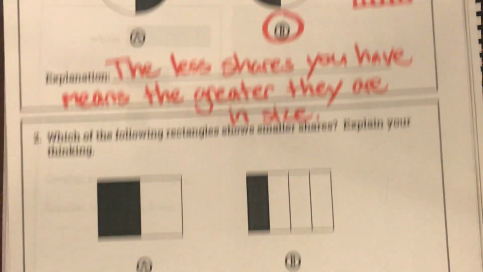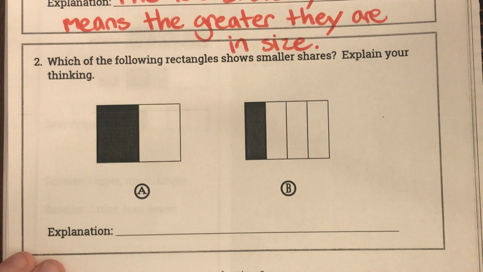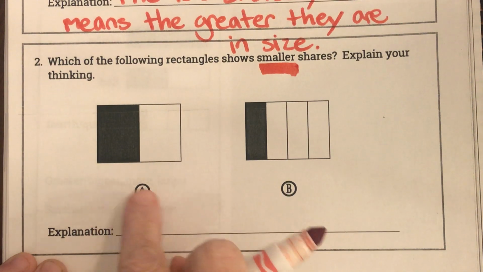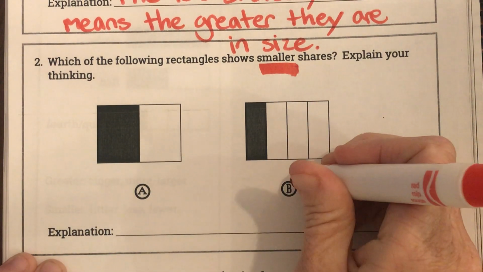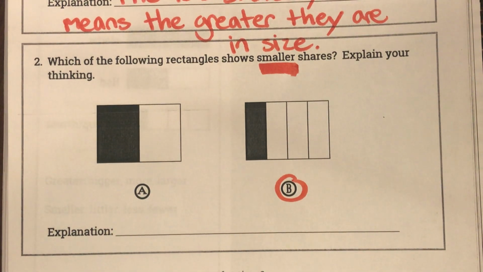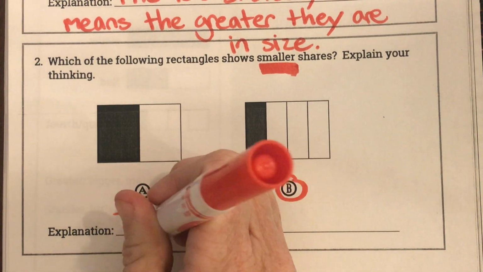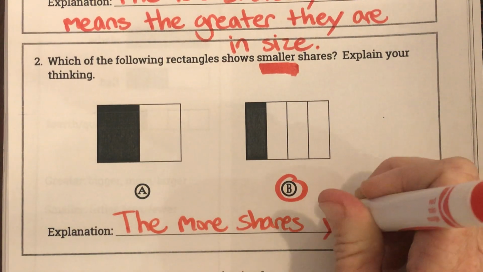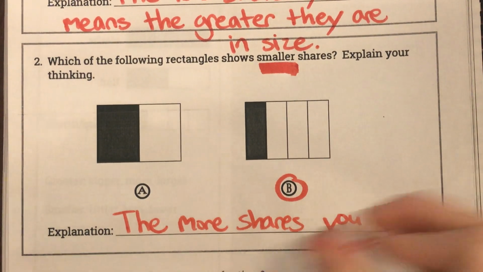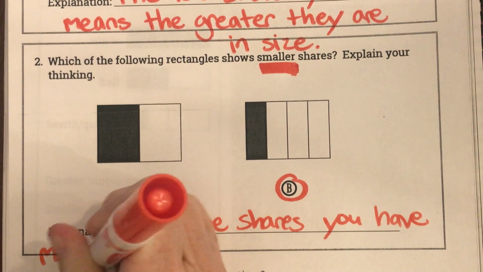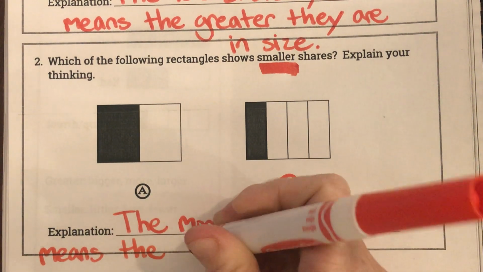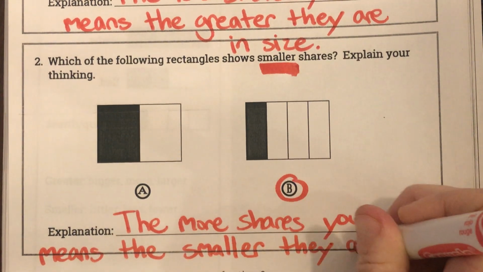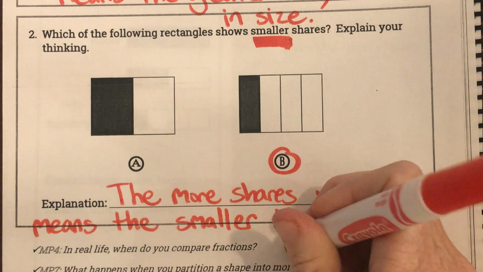Okay, let's try another one. This says, which of the following rectangles shows smaller shares? Which share is smaller in size? Hopefully you think B. And the reason is because the more shares you have means the smaller they are in size.